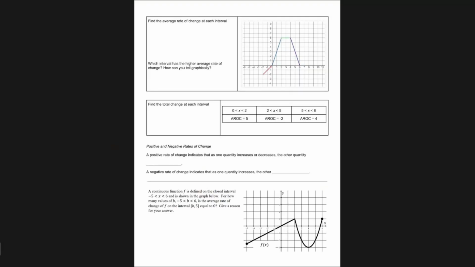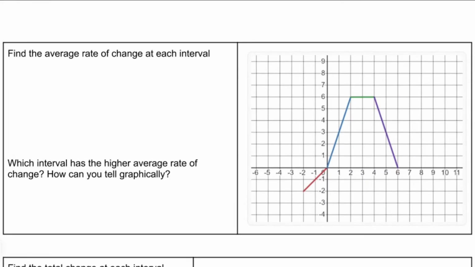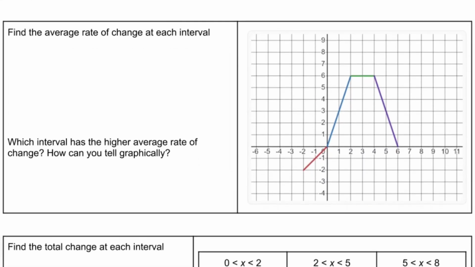I don't like instantaneous rate of change because there's a little something called calculus that's going to make life a whole lot easier. So let's go back to find the average rate of change again. We are given 4 intervals: red, blue, green, and purple. Red's rate of change is going to be the slope between the points of the interval.